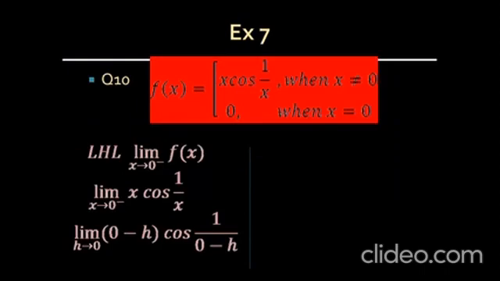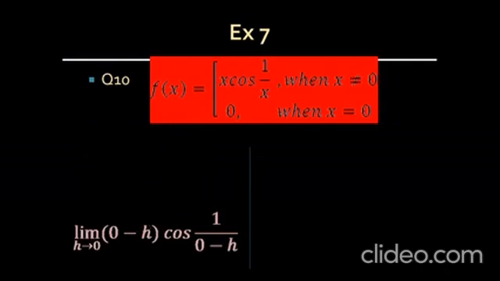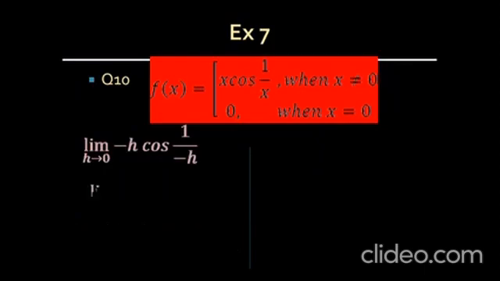Then we get limit h tends to 0 of (0 minus h) cos 1 upon (0 minus h). Then afterwards we get limit h tends to 0 of minus h cos 1 upon minus h. And then we get limit h tends to 0 of minus h cos 1 upon h, because cos of minus theta is equal to cos theta.